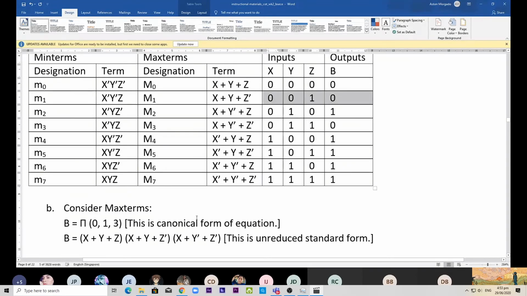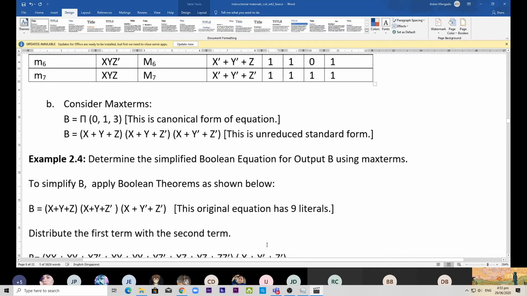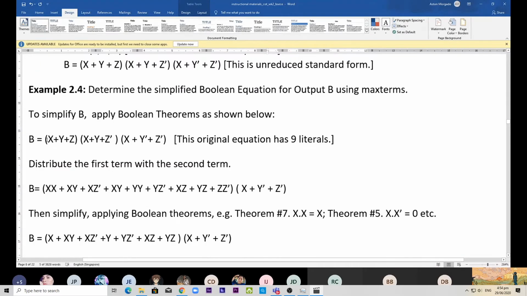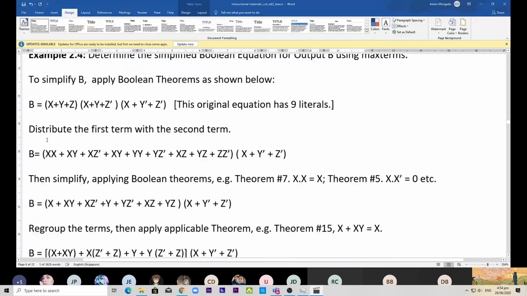For 0, 0, 1, x plus y plus z prime, and x plus y prime plus z prime. So you have the unreduced standard form. We have 9 literals. So we're going to simplify this.